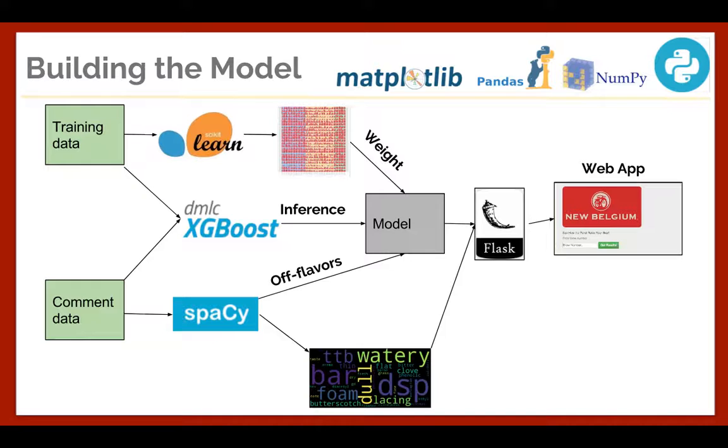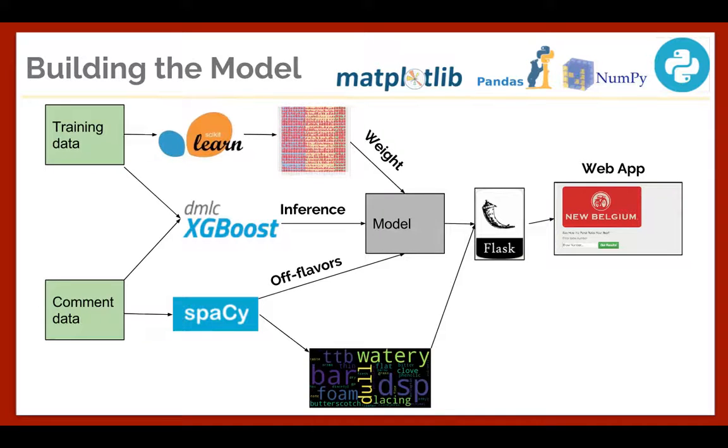With the comment data, I use spaCy and natural language processing to pull out those off flavors. Sometimes on the actual tasting panel, to keep them on their toes, they'll take a known off flavor and spike the beer. That comment data gets recorded in the comment table, but the fact that it was a spike, what it was spiked with, and whether the taster accurately identified it is in the training table.